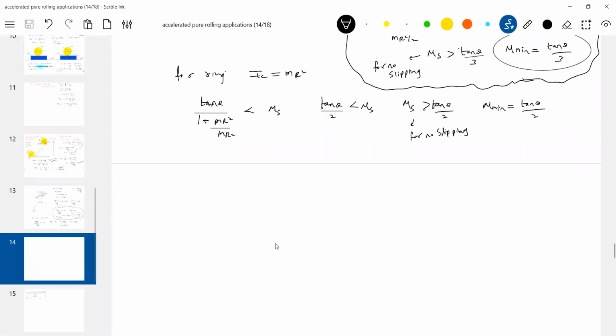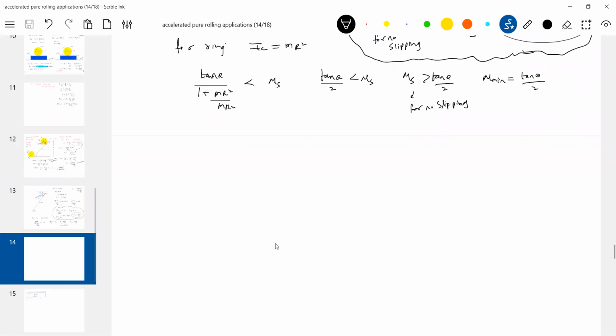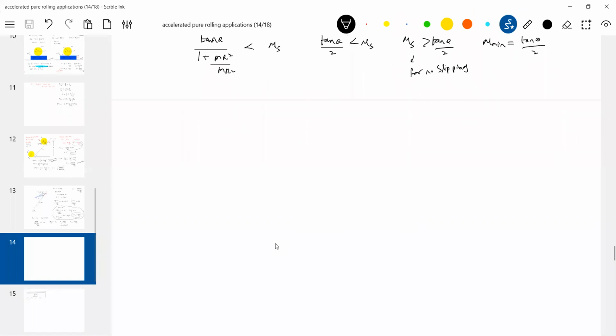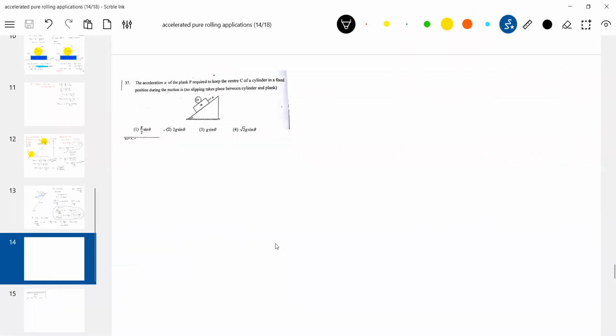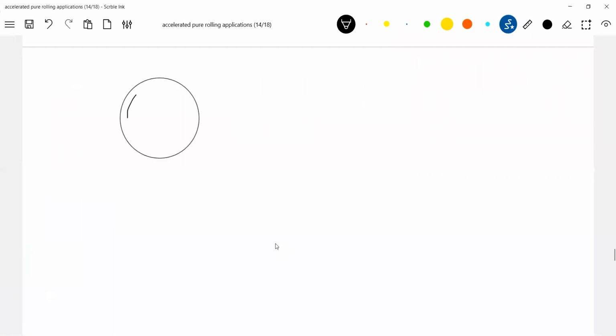So I have a ring. Let's continue the problem. Anybody can understand this, you just should have those basic ideas clearly.